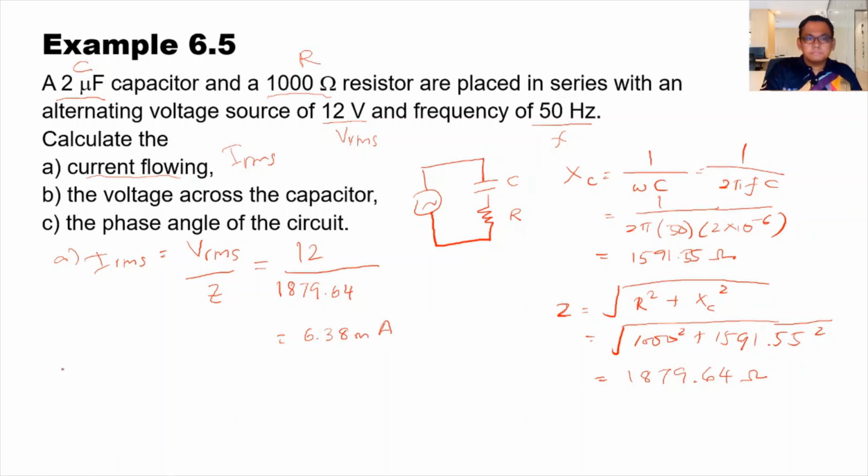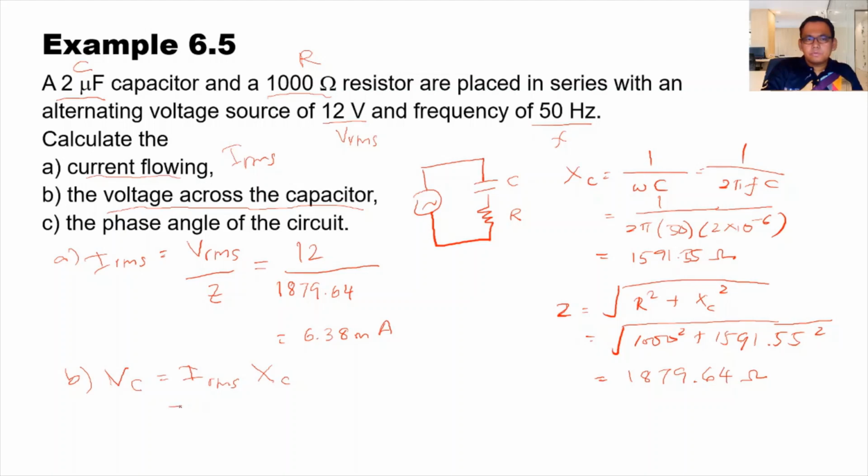Okay, B. The voltage across the capacitor. So the question asks us to find VC, voltage across the capacitor, and voltage across the capacitor is equal to RMS current times capacitive reactance.